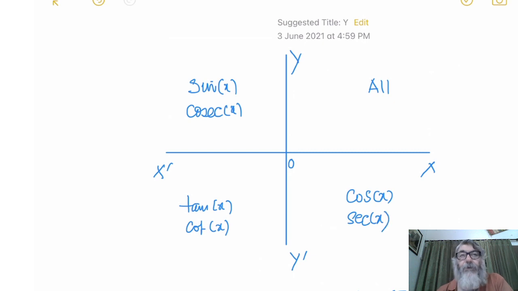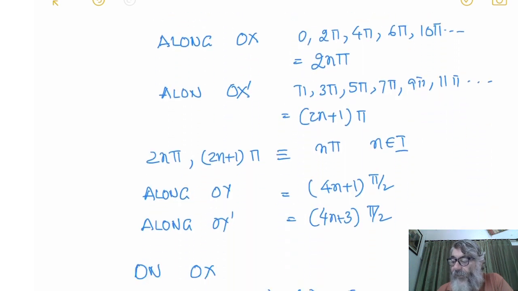In the first quadrant, all ratios are positive. In the second, only sin x and cosec x are positive. The remaining are negative. In the third quadrant, tan x and cot x are positive. In the fourth quadrant, cos x and sec x are positive. The rest are negative.